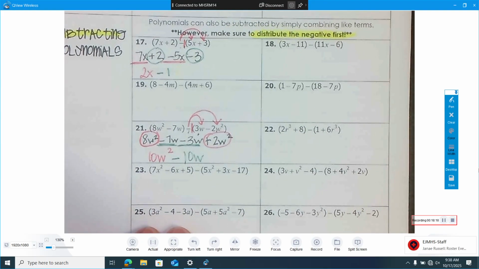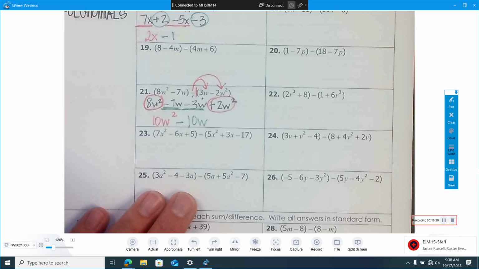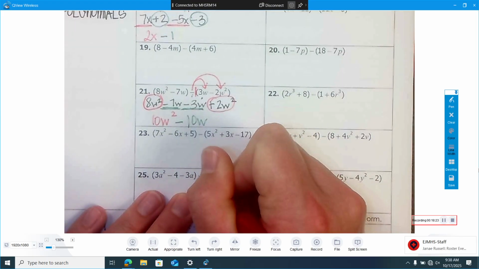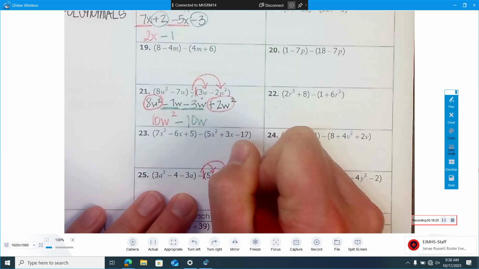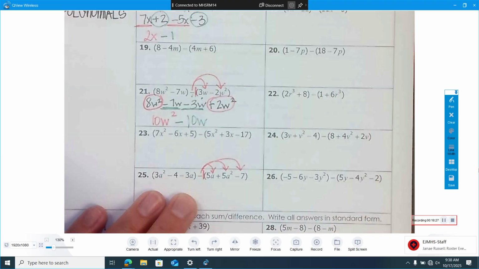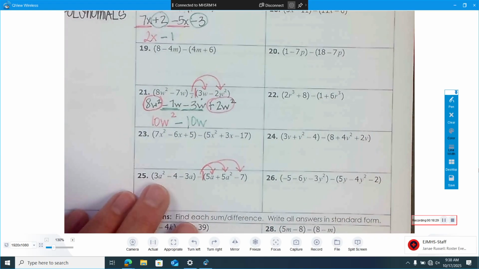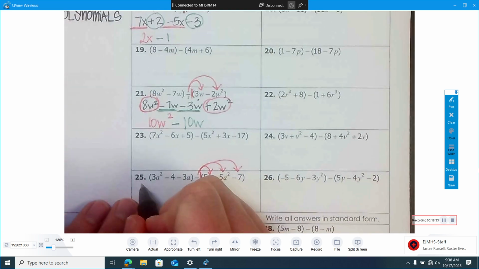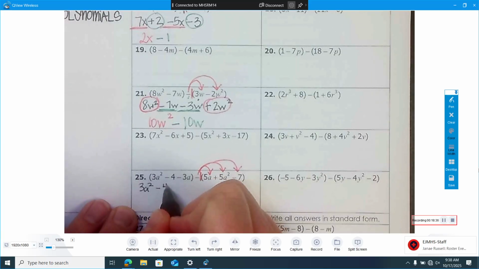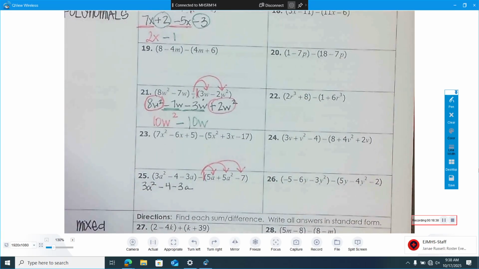Okay. What do we need to do on number 25? Distribute the negative. Do all the things in the parentheses there. What happens with the first set? Drop them. Just bring down the terms. 3a² minus 4 minus 3a.